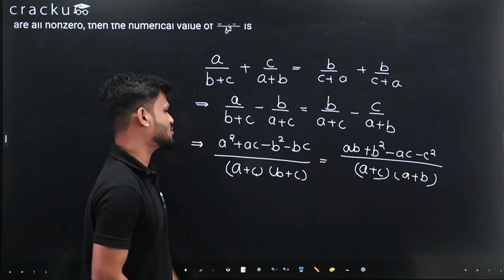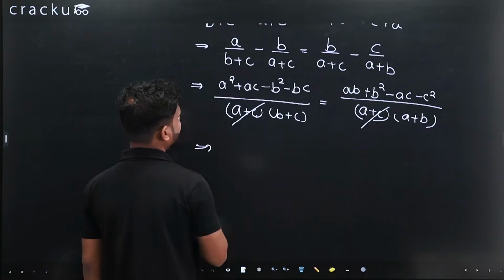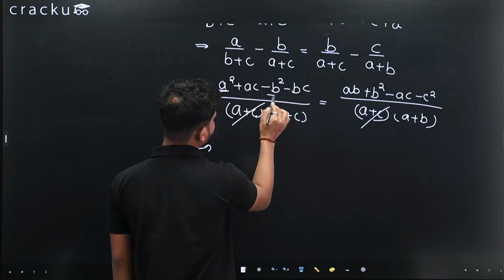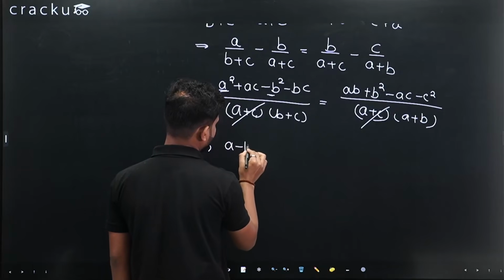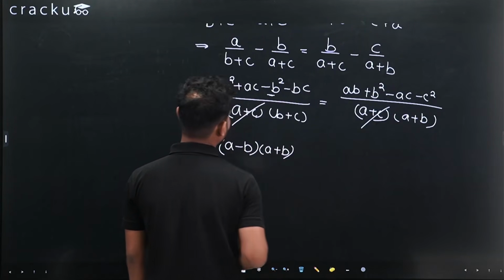As A plus C is non-zero, this will get cancelled. From here what can I say? A square minus B square, which is A minus B into A plus B. Right?